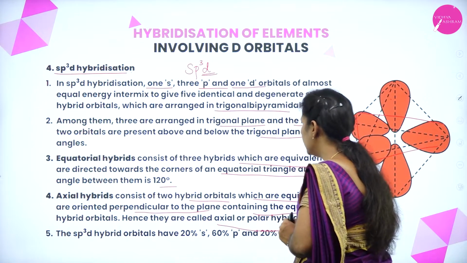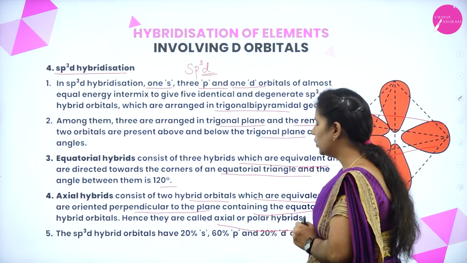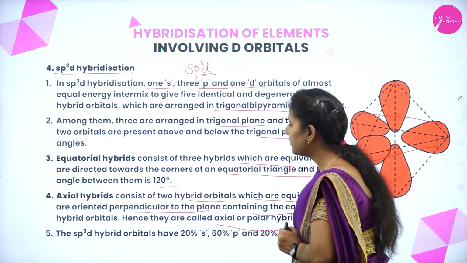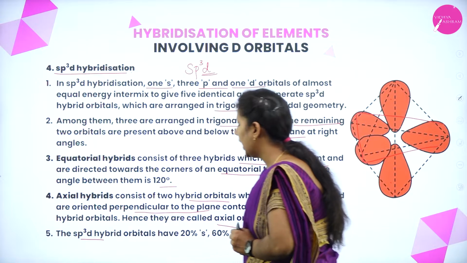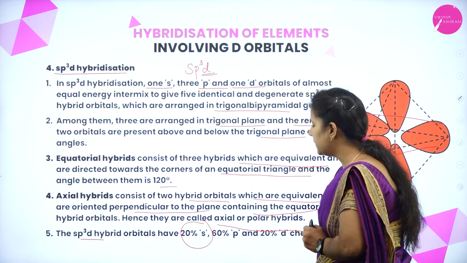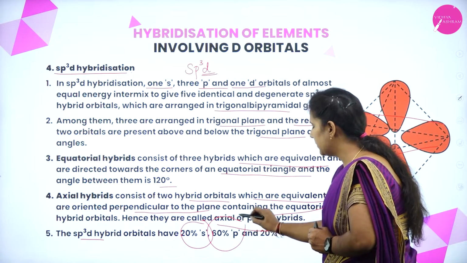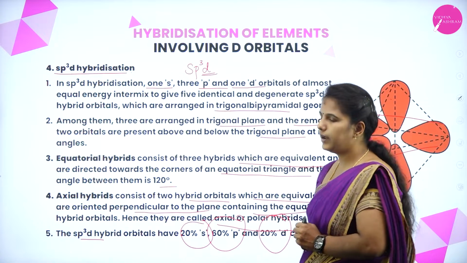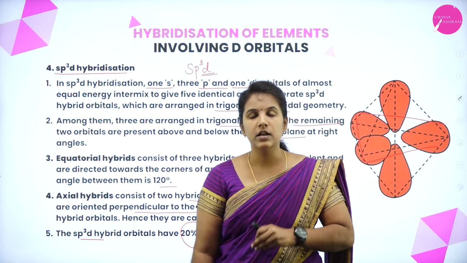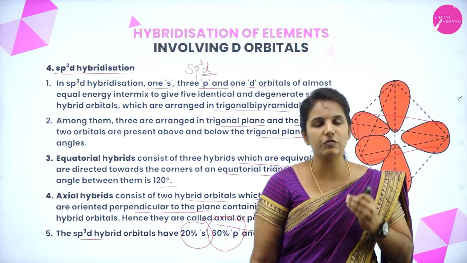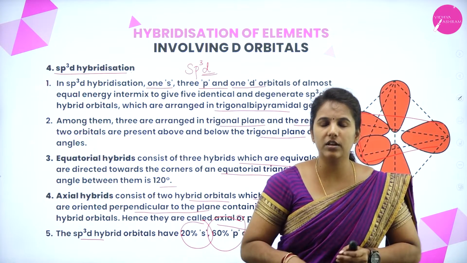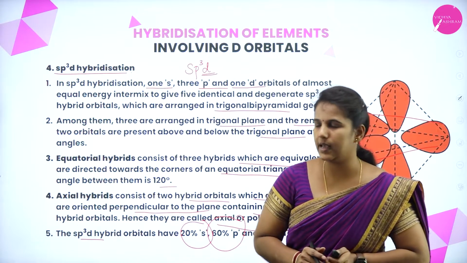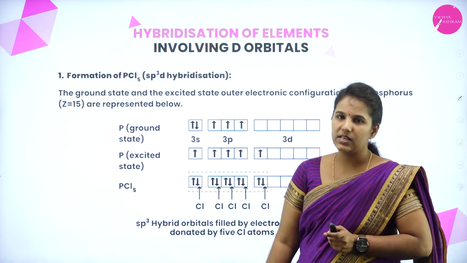Hence, they are known as axial or polar hybrids. Finally, sp3d hybrid orbitals have 20% s character, 60% p character and 20% d character. We can understand these general concepts of sp3d hybridization by taking an example. I'll go with PCl5 now.